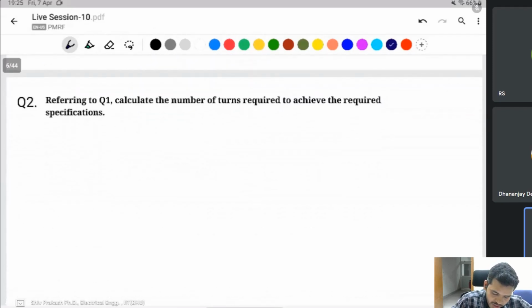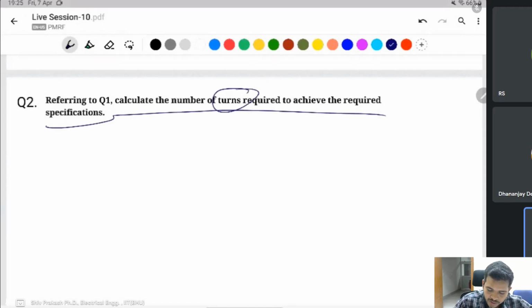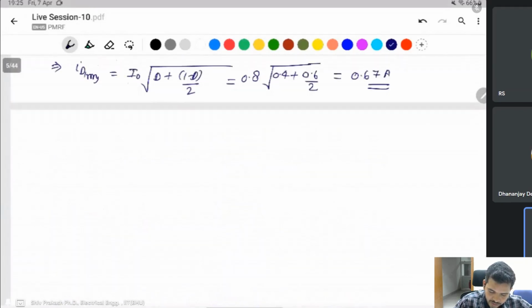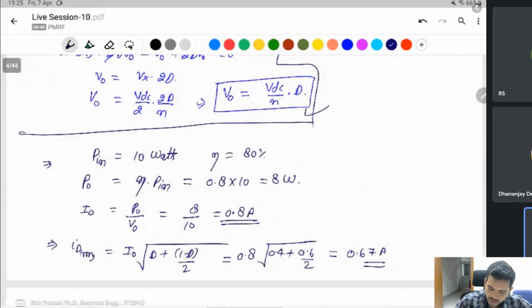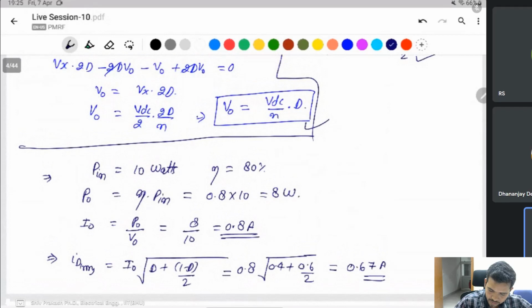The second question is given, referring the question number first. Calculate the number of turns required to achieve the required specification. Let's talk about the number of turns. Can you find it from here? Output voltage is given, not the number of turns. Number of turns is VDC into duty ratio divided by V naught.